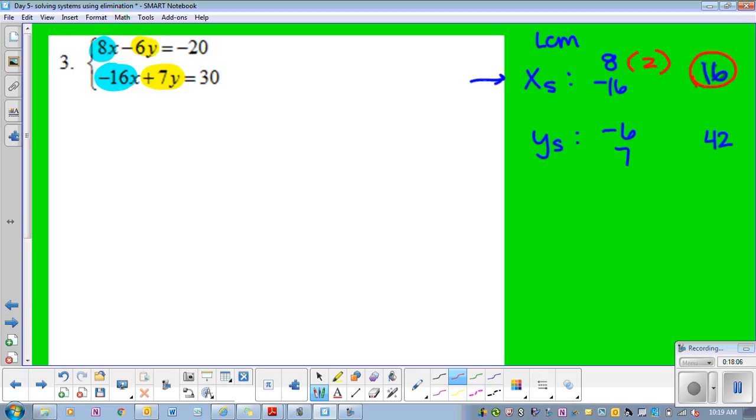But if I were to do the y's, oh no, then I have to fix up both of them, don't I? Right? So we don't want to do that. Let's go with the x's, okay? So with the x's here, okay, we said leave the negative 16x, and we're going to make the top one become a positive 16 by multiplying everything by 2.